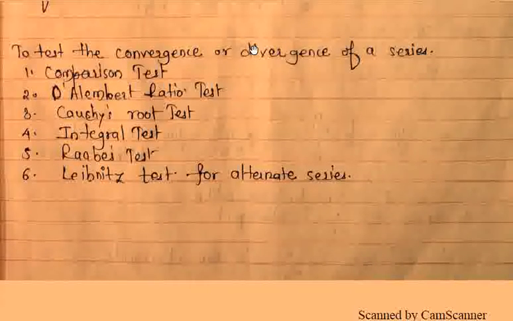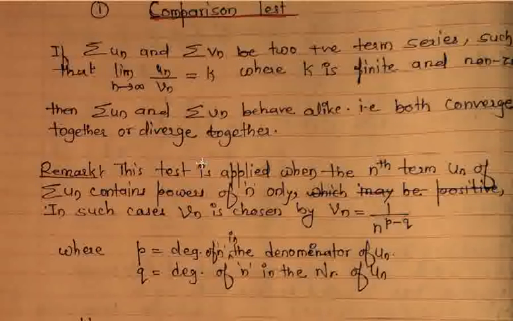To test the convergence or divergence of a series, you can use the comparison test, d'Alembert's ratio test, Cauchy's root test, integral test, Raabe's test, Leibniz test for alternating series. Comparison test.